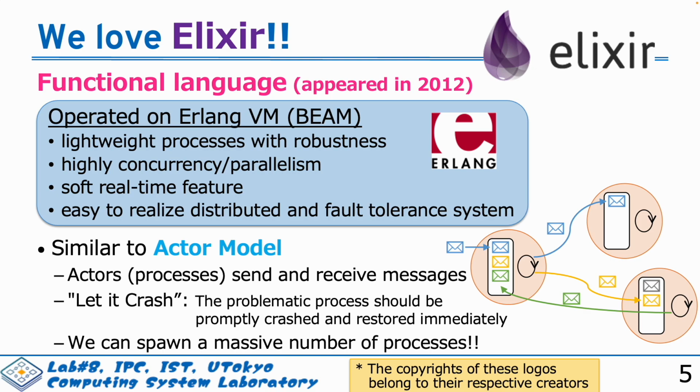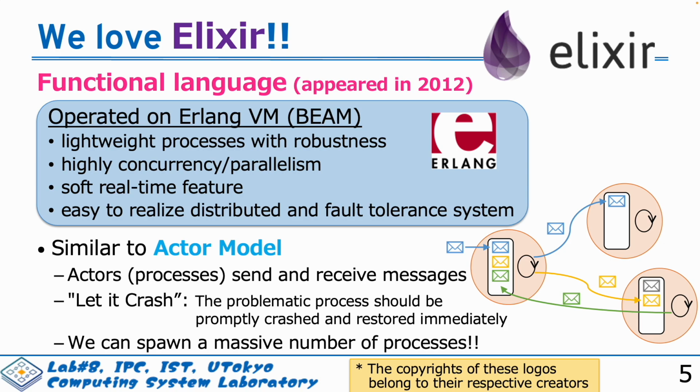In addition, Elixir and BEAM are very similar to the actor model. In the actor model, actors send and receive messages in parallel to realize concurrent processing. All messages are exchanged asynchronously.